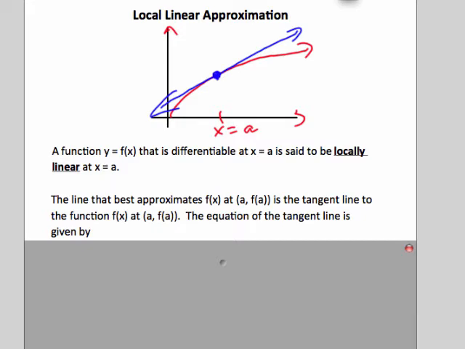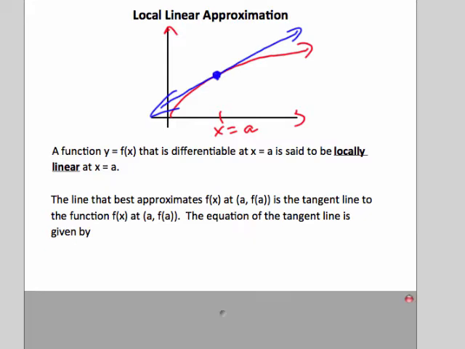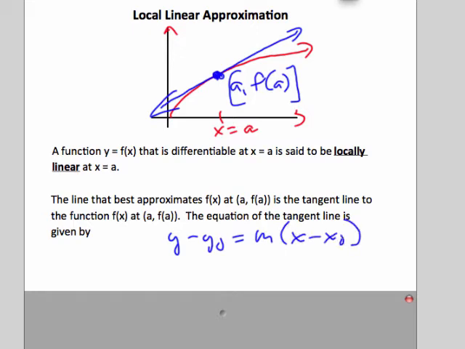So I'm going to use the blue line as an approximation for my function at the point x equals a. And we can of course get the equation of a tangent line. We know how to do that. If I make this point (a, f(a)), I can use my point slope formula, which is y minus y naught equals slope times x minus x naught. And I'm going to bring my y naught over to this side.